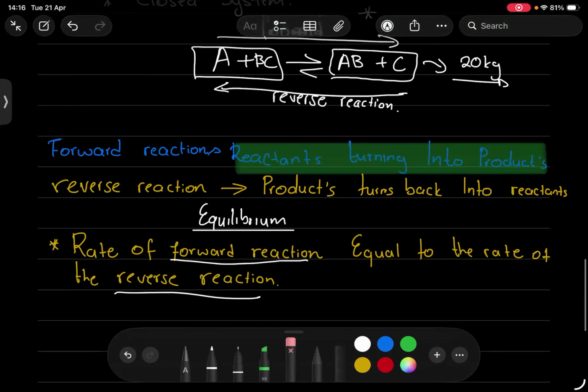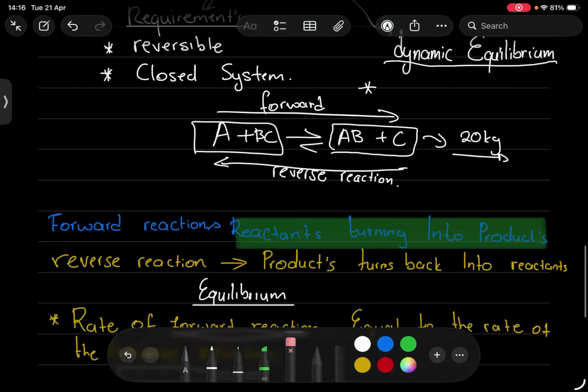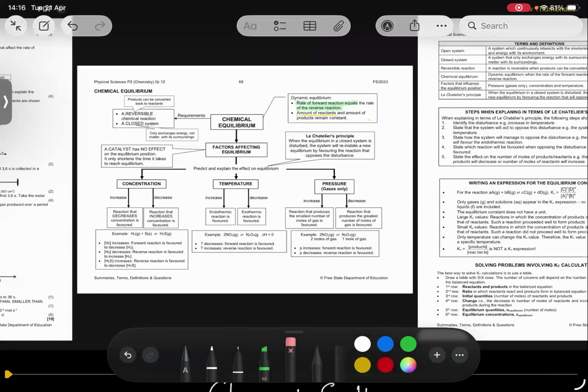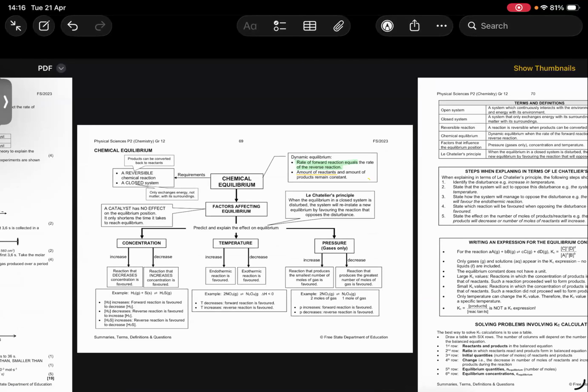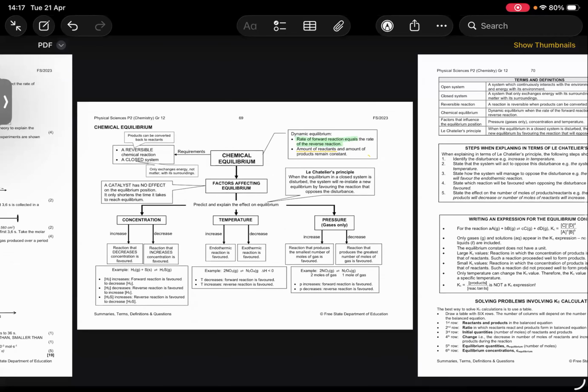As we can see on our screen there, I want us to focus on the factors that affect the chemical equilibrium. We are going to follow this flow chart here and talk about the factors that affect the chemical equilibrium, right?